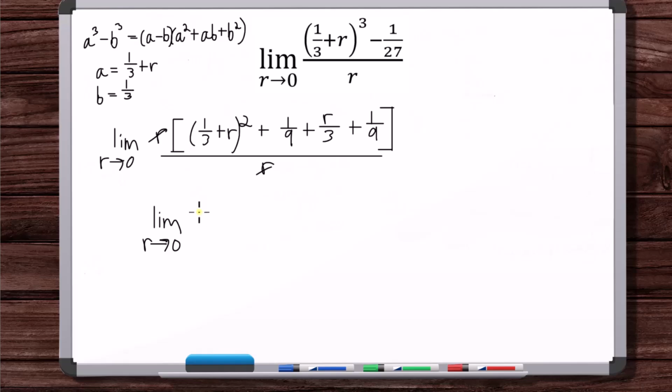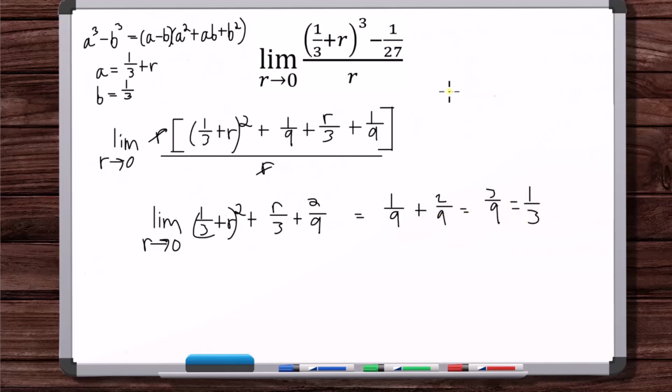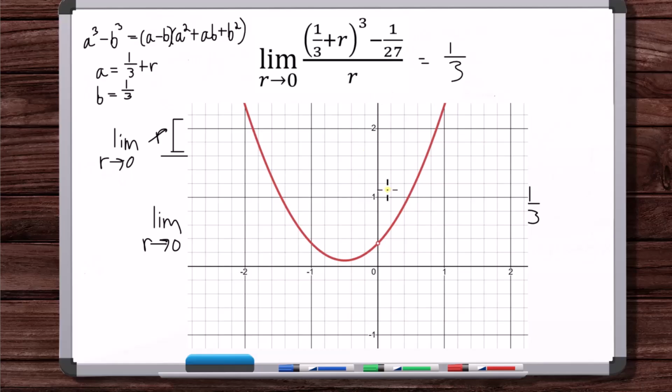What we're left with is (1/3 plus r) squared plus r over 3 plus 2/9. So as r approaches 0, you have 1/3 squared, 1/9 plus 2/9 is 3/9, is 1/3. And there we go.